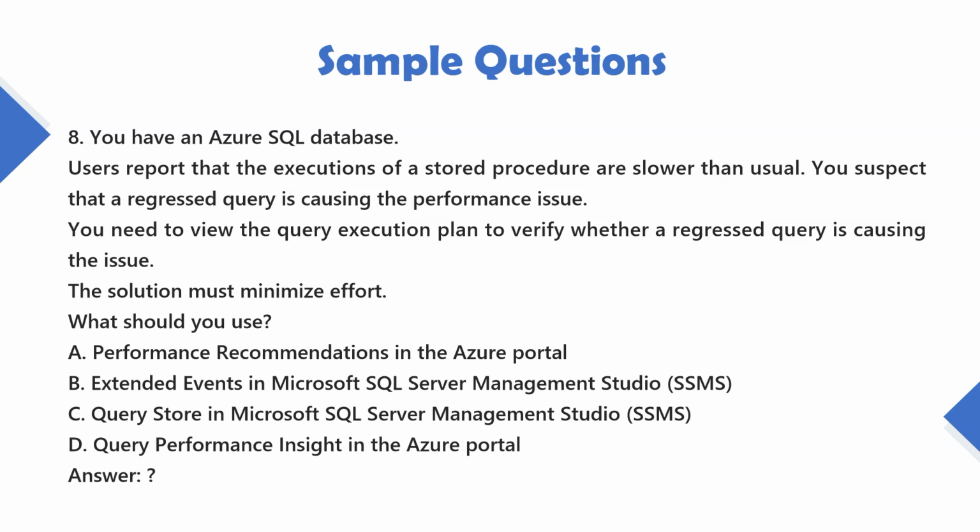What should you use? A. Performance recommendations in the Azure portal. B. Extended Events in Microsoft SQL Server Management Studio, SSMS. C. Query Store in Microsoft SQL Server Management Studio, SSMS. D. Query Performance Insight in the Azure portal.